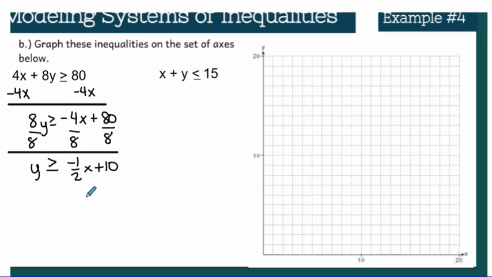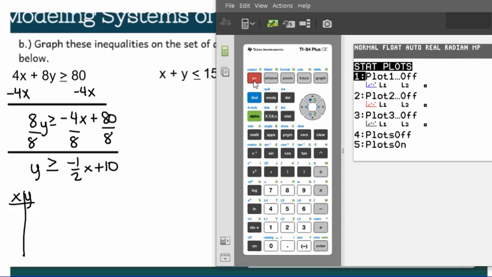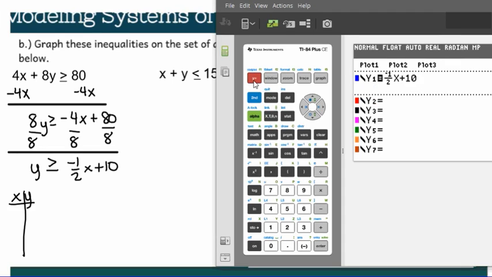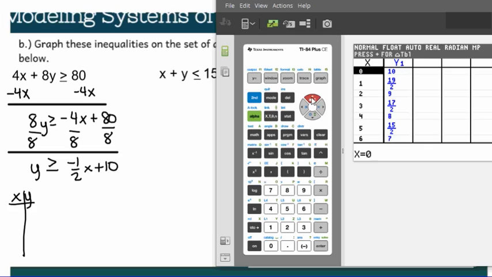Now we can type this information into our calculator to find our table of values so we can plot points on our graph. We hit the y equals button on our calculator and we type in negative 1 over 2x plus 10. From here, we hit second, graph, and we look at our table of values.